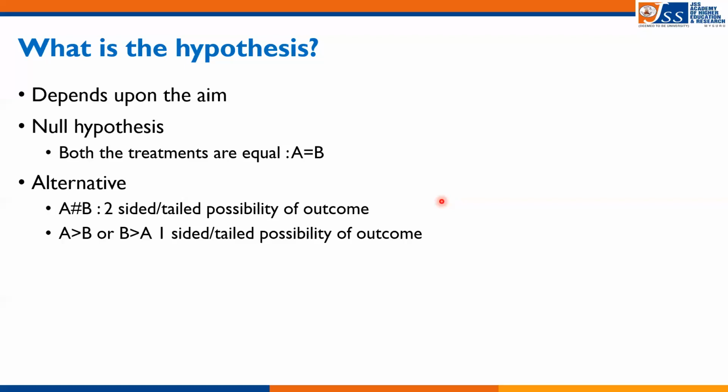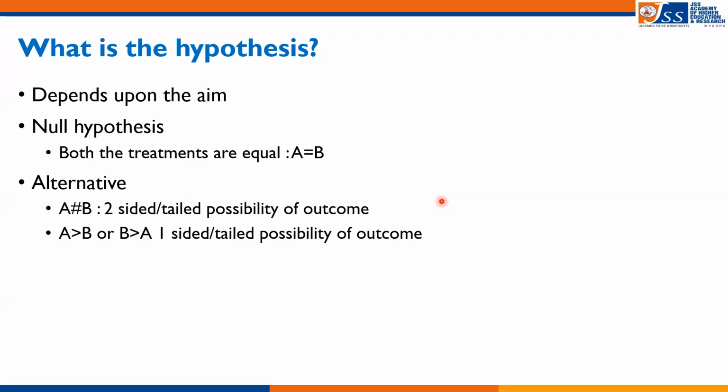If the hypothesis says that the existing drug and the new drug have the same efficacy, then we call it the null hypothesis. That is, both the treatments are equal. Treatment A and treatment B are the same. That means there is no great difference between the new treatment and the existing treatment.